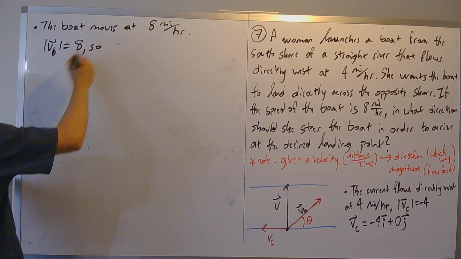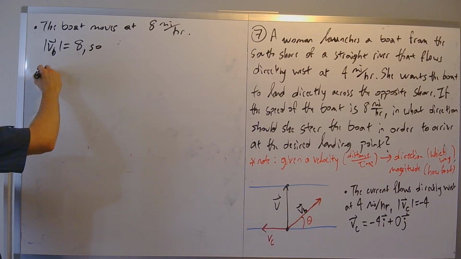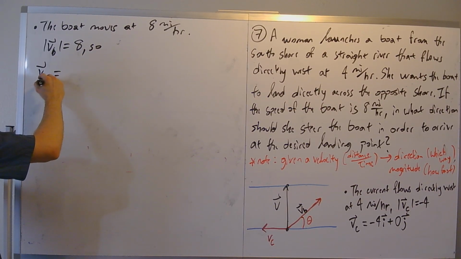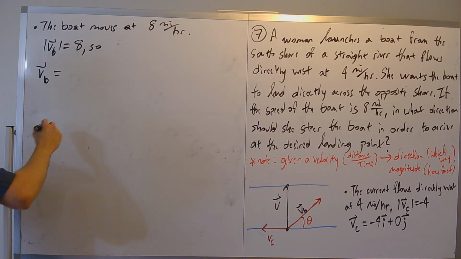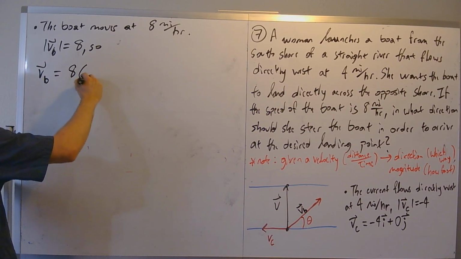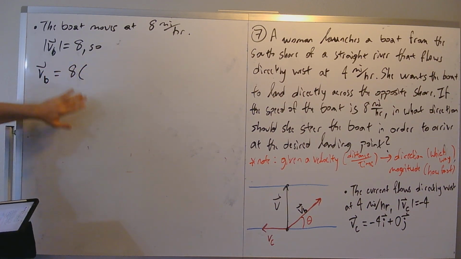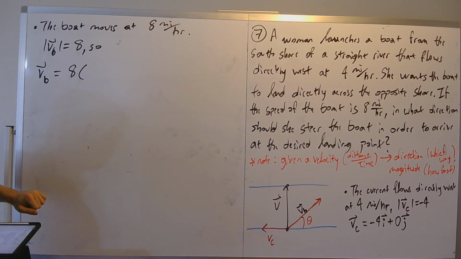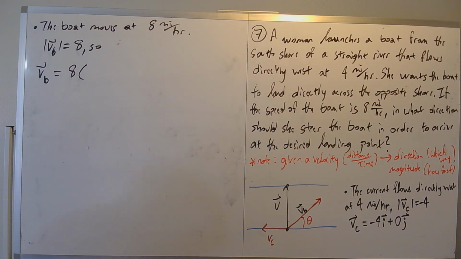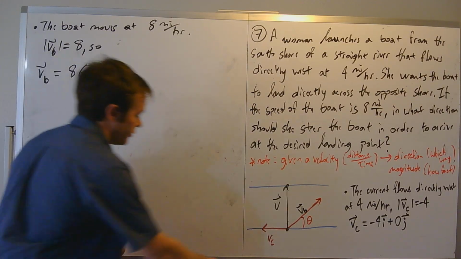So we can say that the velocity of the boat is going to be equal to 8 times, so we know the magnitude is 8, and we said earlier on the other page, let me flip back to what we had.